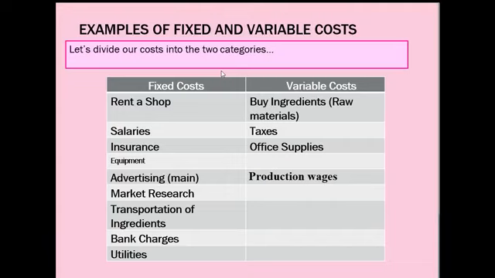Examples of fixed cost are rent you pay on a shop. Whether you sell or not, you are going to pay the rent when it is due. Whether you sell or not, you are going to pay salaries. Whether you sell or not, you are going to pay insurance. Whether you sell or produce, you are going to pay for the equipment.